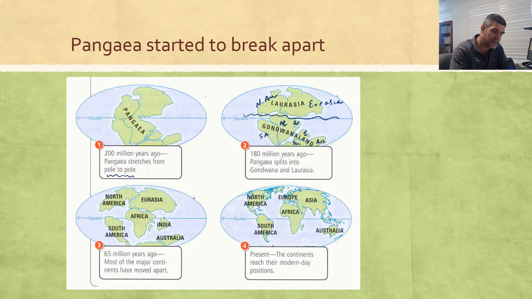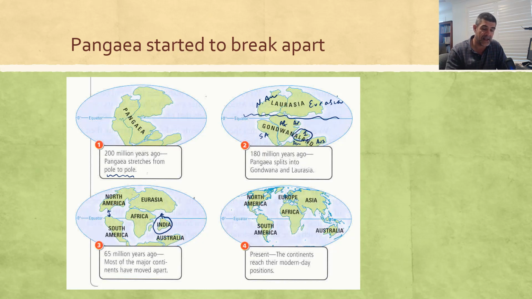The interesting one, of course, is India. You can see it has now moved a long way away from its Gondwanan location, and it is heading rapidly north towards the Eurasian plate. In the present time, we can see this rejoining, or at least a much closer link, between South America and North America.